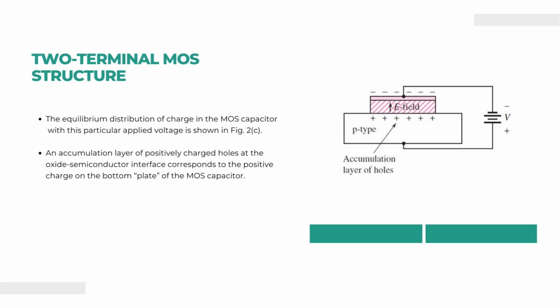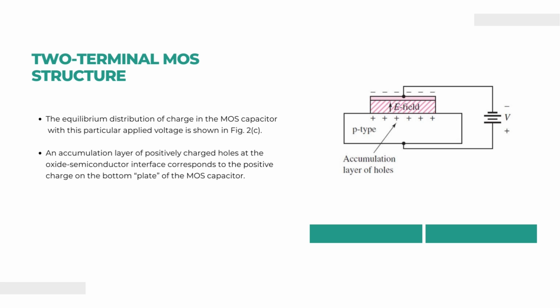The positive charges, that are the holes, will be attracted by this negative potential and they will get accumulated due to this attraction force. They will move upward and accumulate at the oxide and semiconductor interface, as the oxide is restricting them from flowing from the semiconductor to the metal.